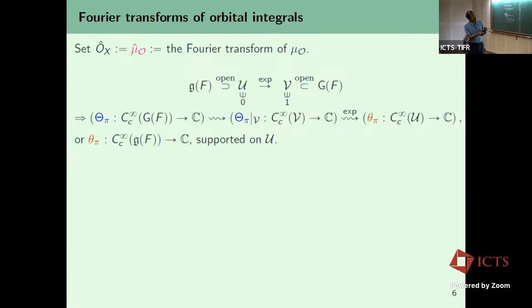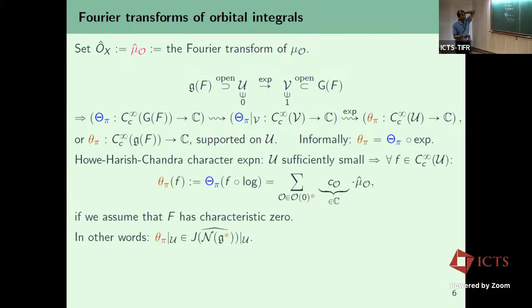Or you can think of it as a distribution on the whole of the Lie algebra, which is supported on this open neighborhood. So you can also assume U to be closed. So that's why it's okay. Informally, we'll write little theta pi as the distribution on the Lie algebra, and we'll write it as capital theta pi composed with exponential, in analogy with functions.